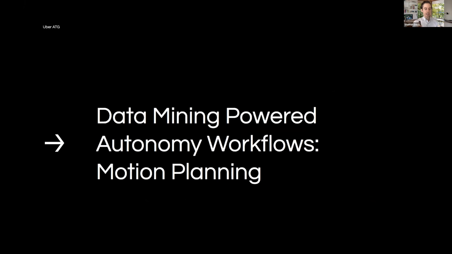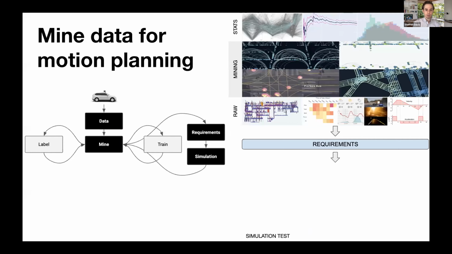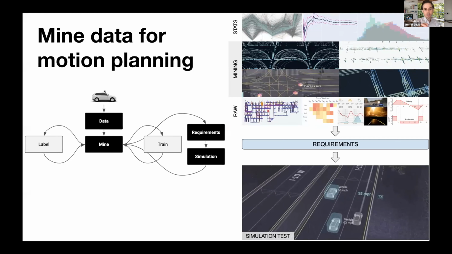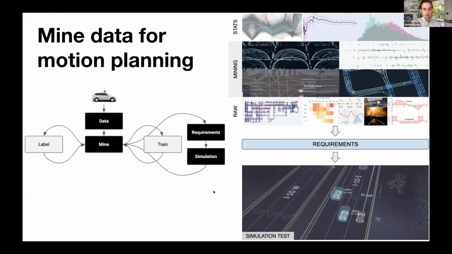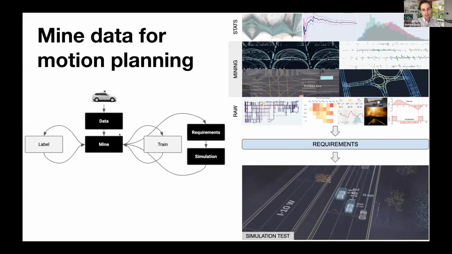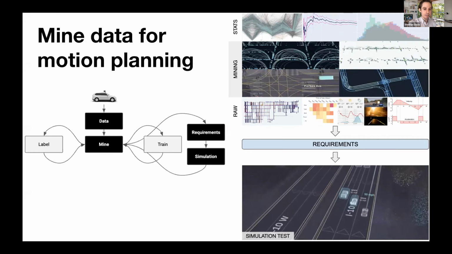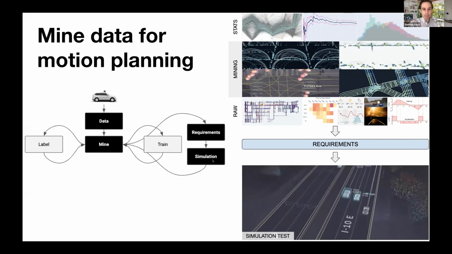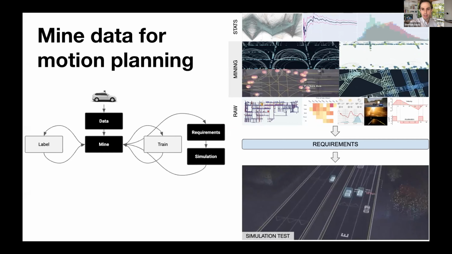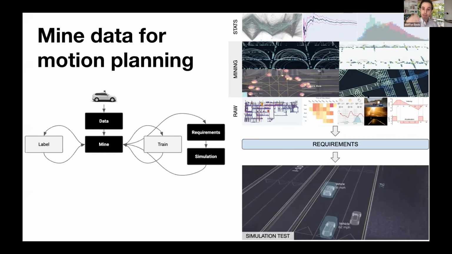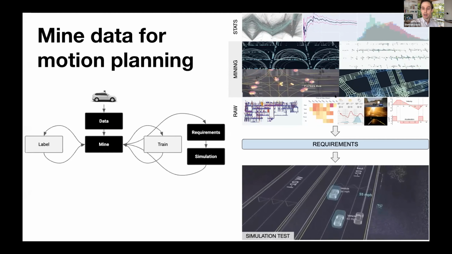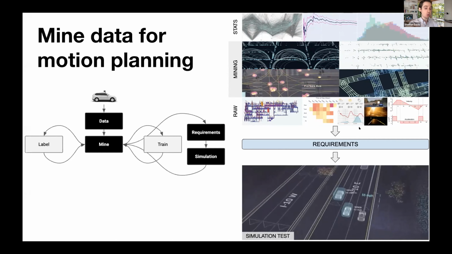Great. Let's look at a second workflow. So how data mining impacts the motion planning development process. A lot of it's similar, and I won't go over the areas that are similar, but motion planning has a kind of sidecar development process to model training. And it will take the data mined outputs shown here and then use it to develop requirements.